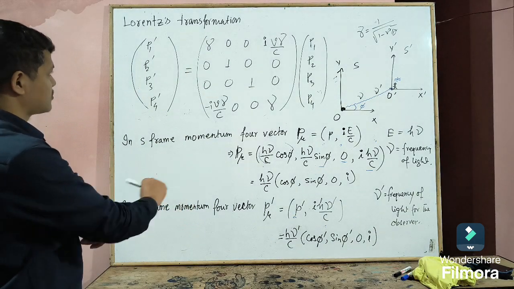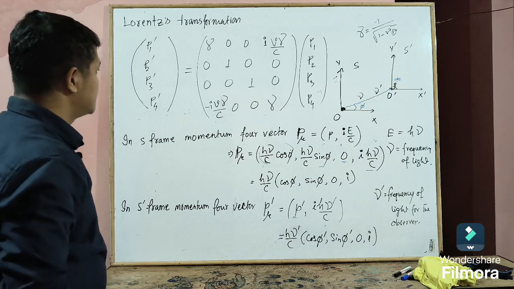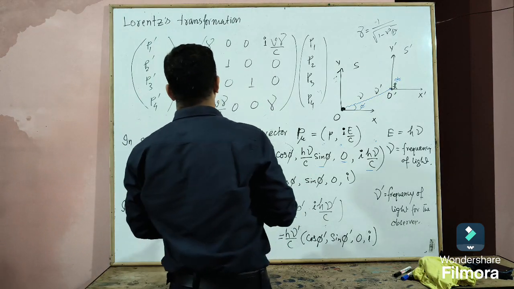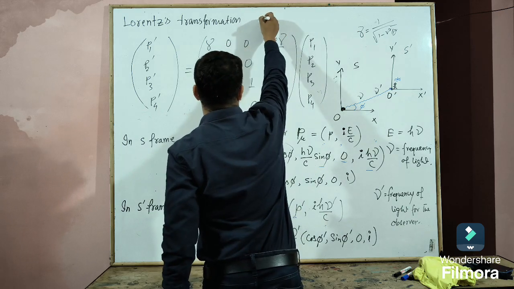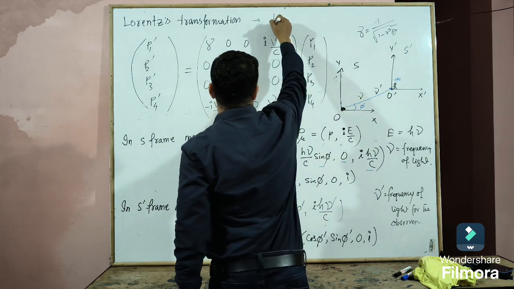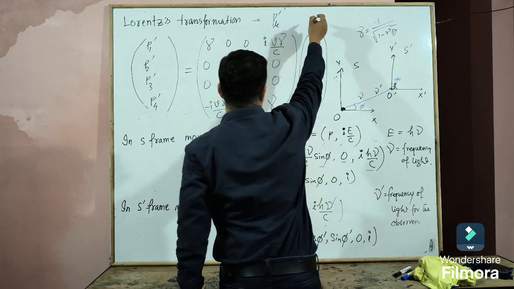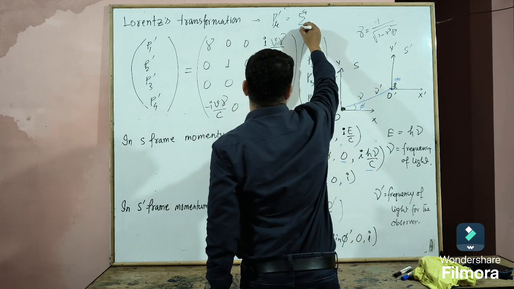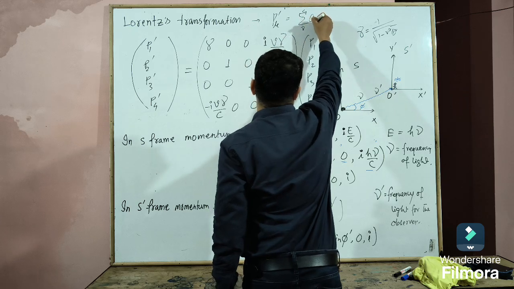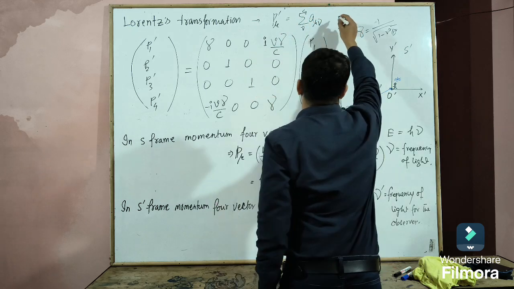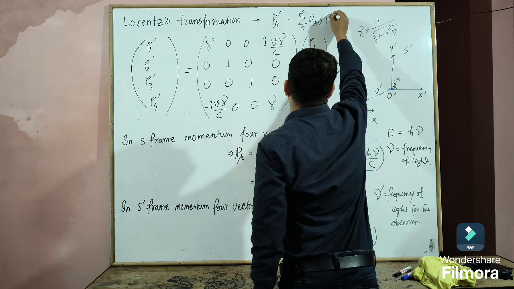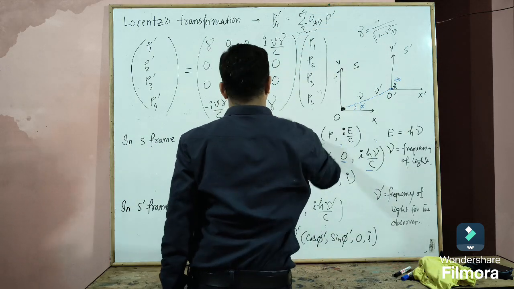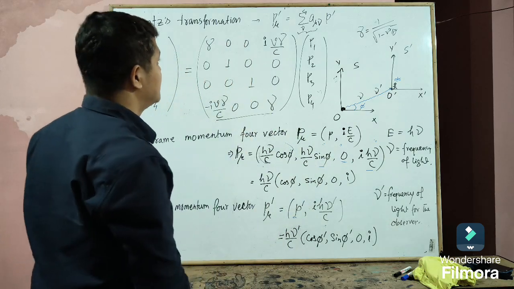Now you see, in short, these things can be represented this way according to Lorentz transformation. P mu dash is equal to summation, here we have 4 and here we have mu, then a mu nu, then we have p, right, and this is nothing but this matrix, right.